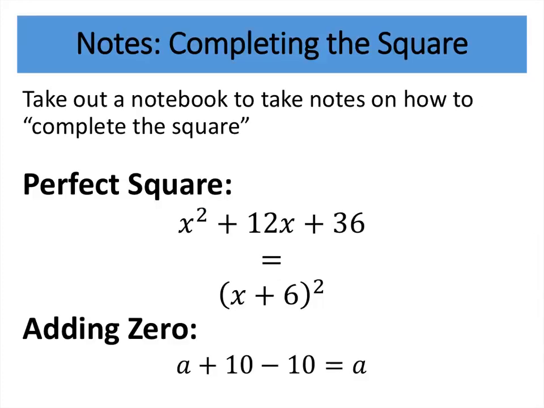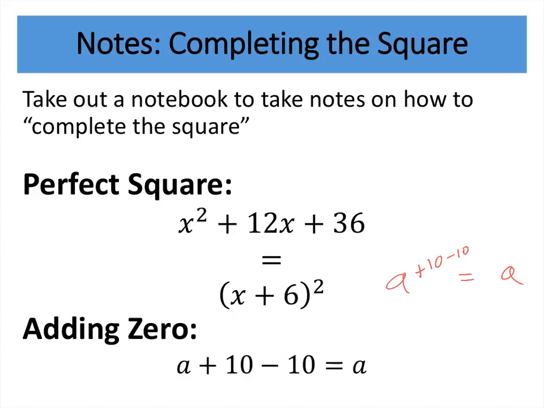So the perfect squared trinomials are a few things that you need to know, and another thing called adding zero. So if I'm taking a number a and I want to get a out when I'm done doing some things to it, I can always add, well, I'm going to call it adding zero, and I can add a number so long as I take it away again.